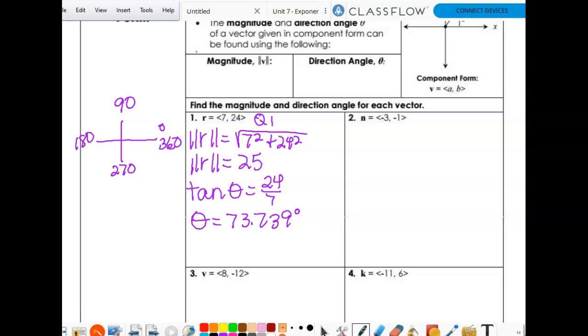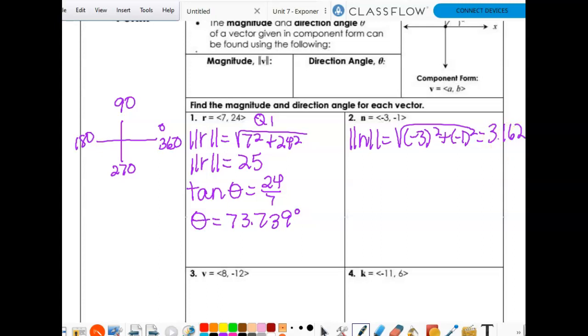Okay, so which quadrant is this? Okay, so for magnitude, it should have gotten 3.162.